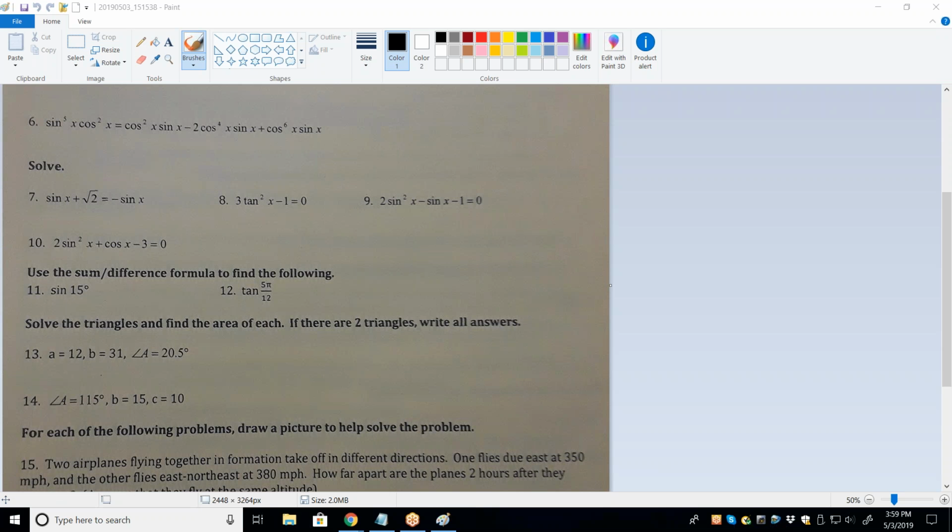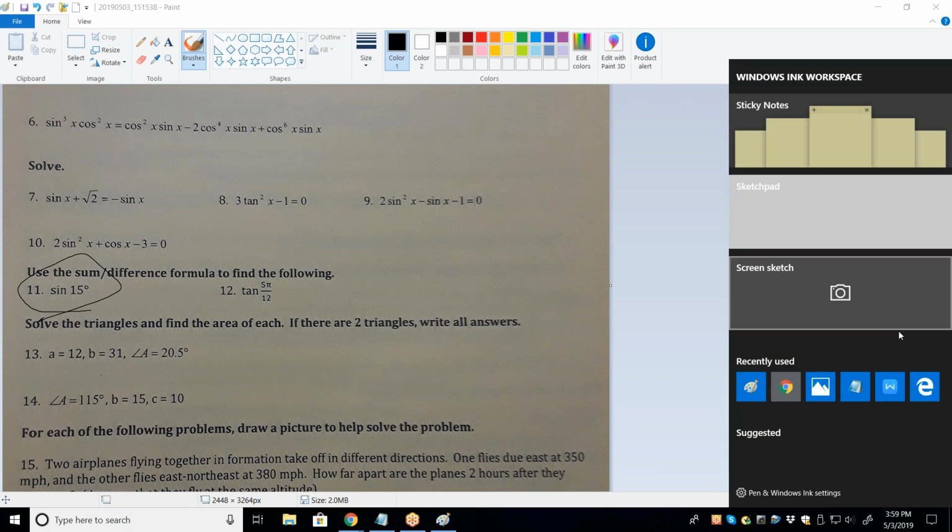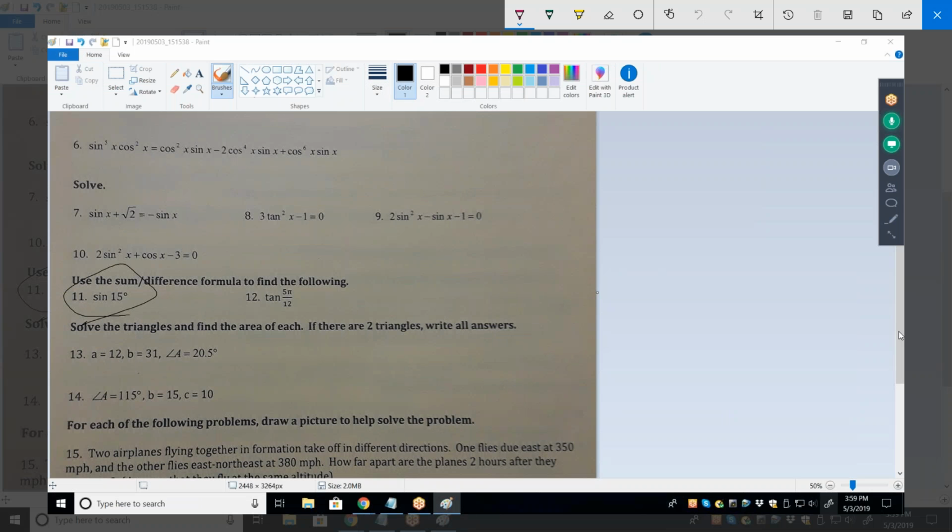This problem here, what are we going to use to solve that? We don't have a triangle that tells us with a 15-degree angle.